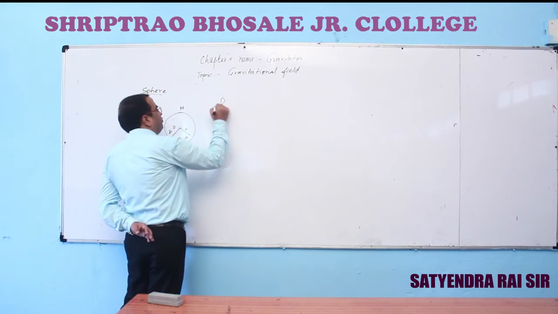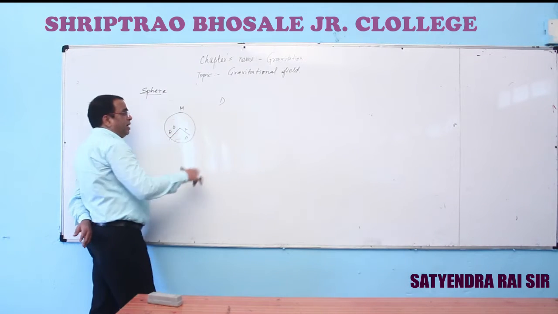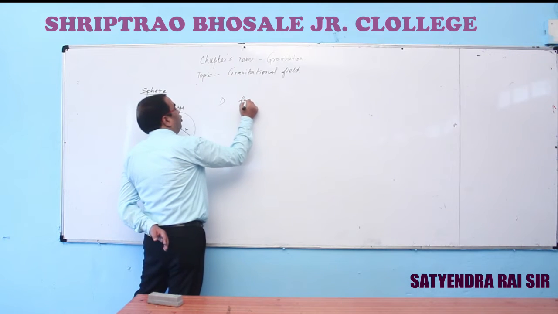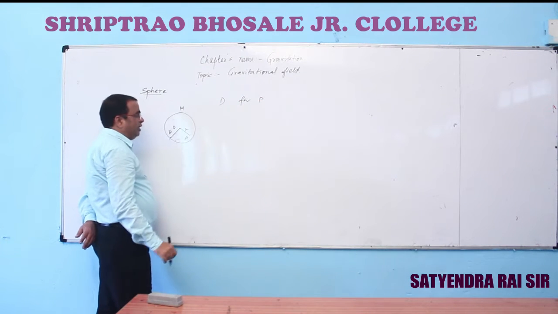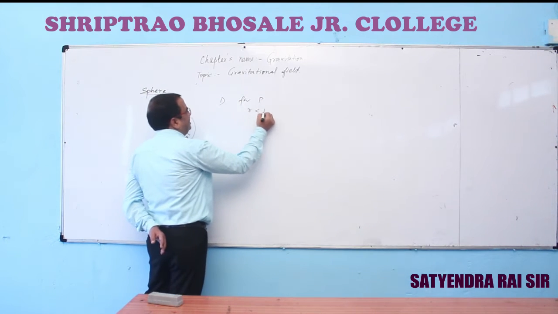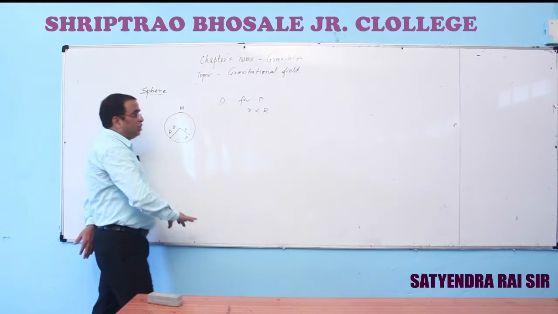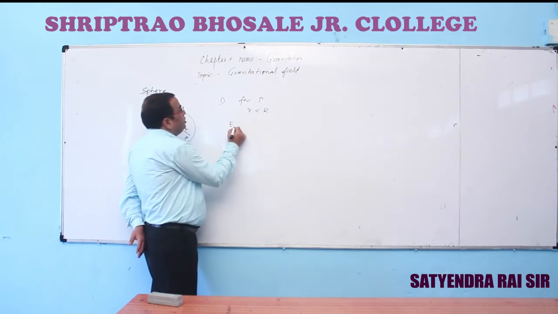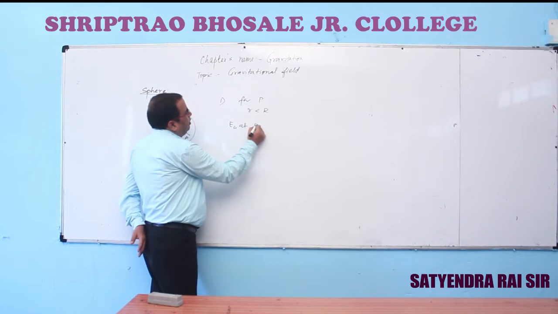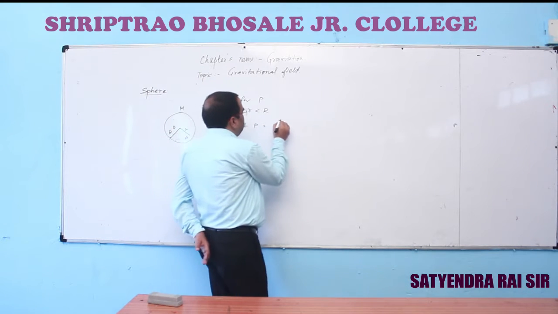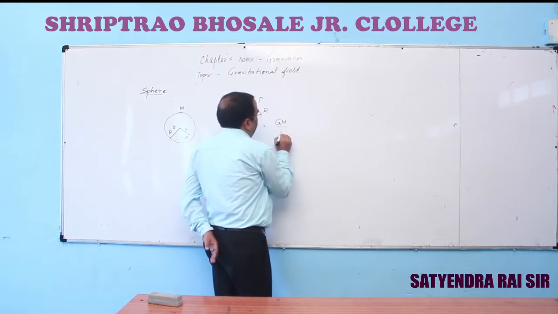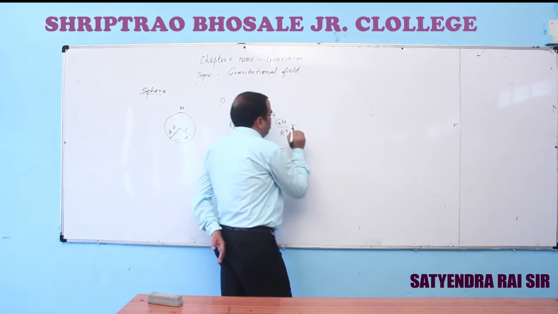Case 1, the first case, for the point P. What is the condition? Small r is less than capital R. Here Eg at P is given by G M by R cube into small r.